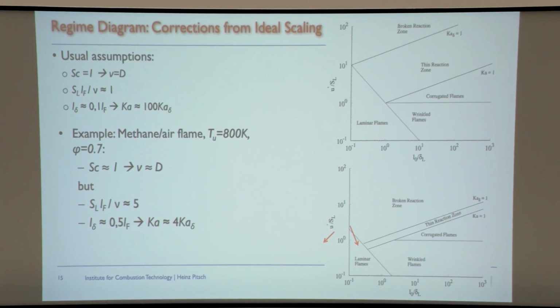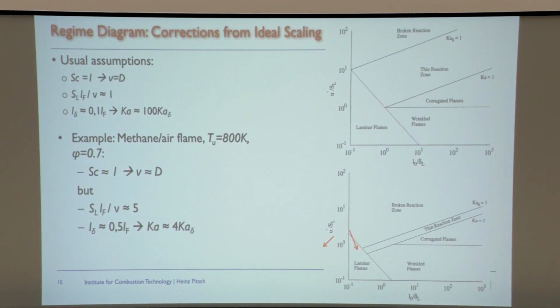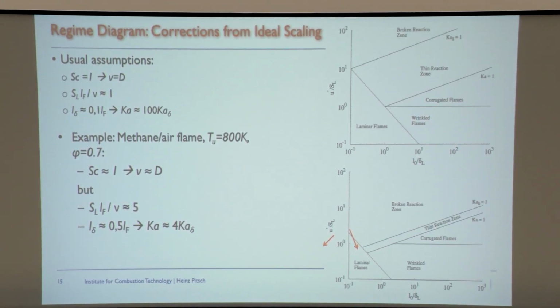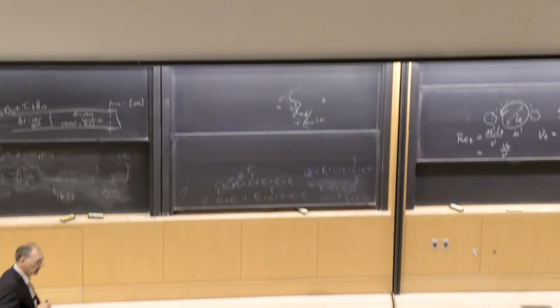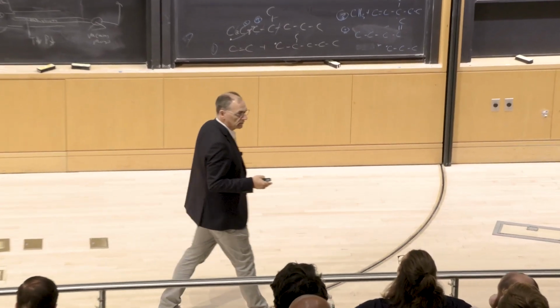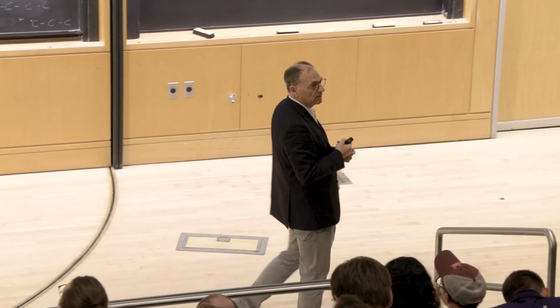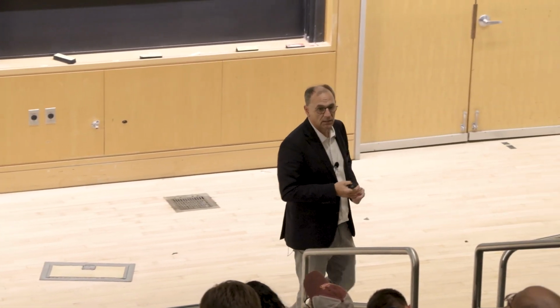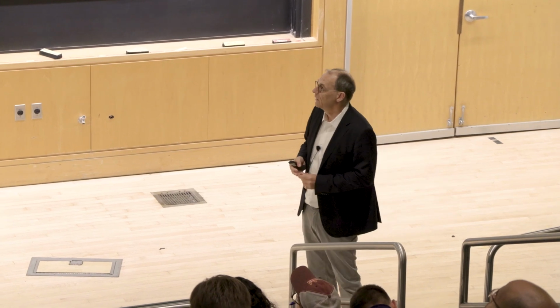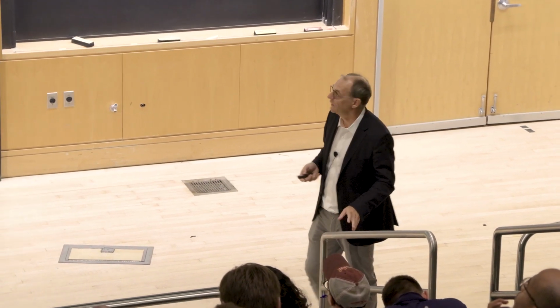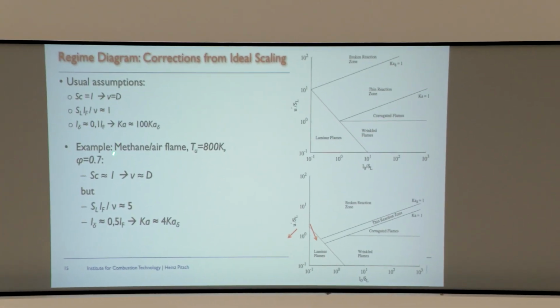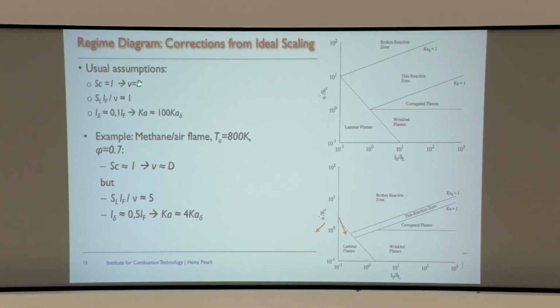This here, just a word of caution. When we derived this Borghi-Peters diagram, we made a lot of assumptions. We said the kinematic viscosity is equal to diffusivity. We said Schmidt numbers are equal to 1, and what else?